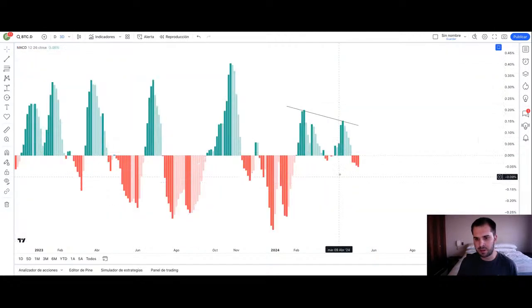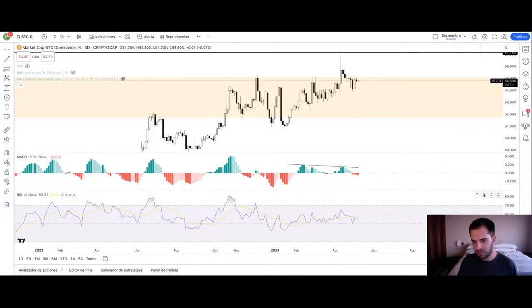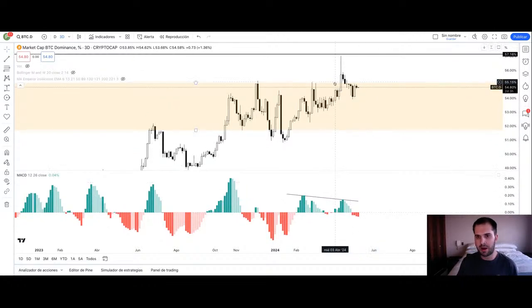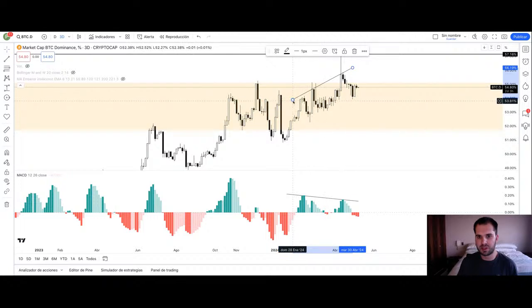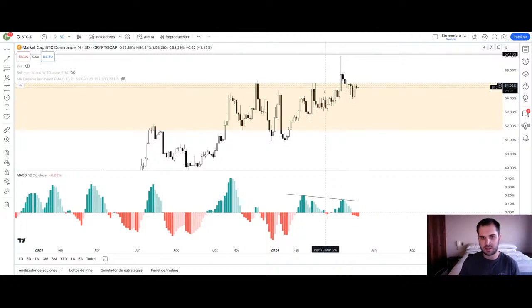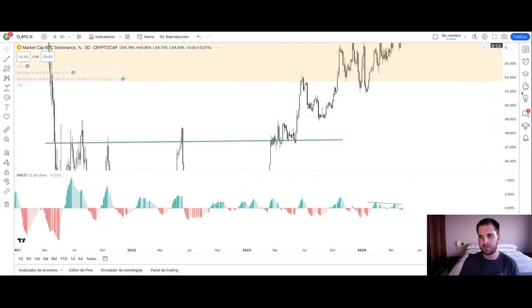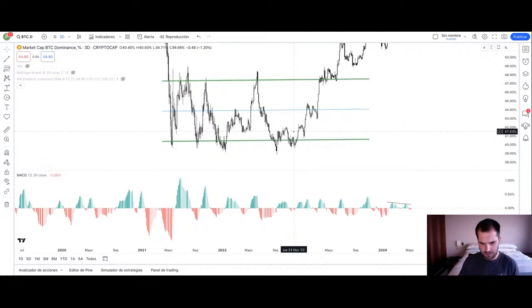We have an interesting development here. We had a bearish divergence on the MACD histogram since we have a higher high on price and a lower high on the positive momentum of the histogram. So this could develop into lower prices for the Bitcoin dominance, which could be really beneficial for altcoins since this uptrend has lasted a lot of time. I think almost a year and a half, since basically November, December 2022.